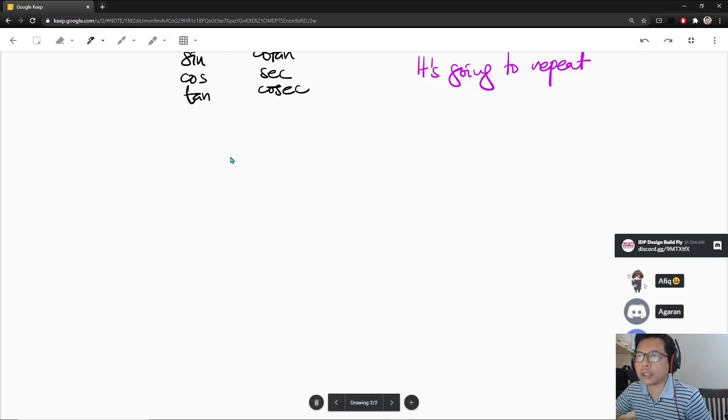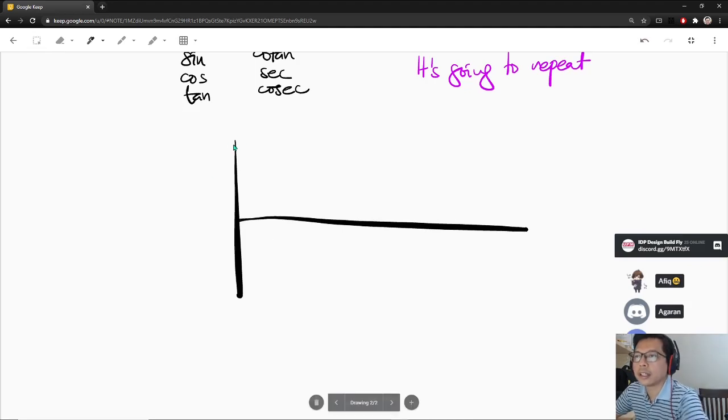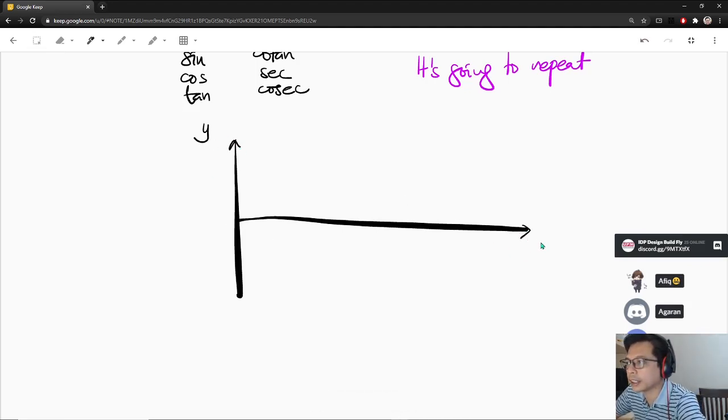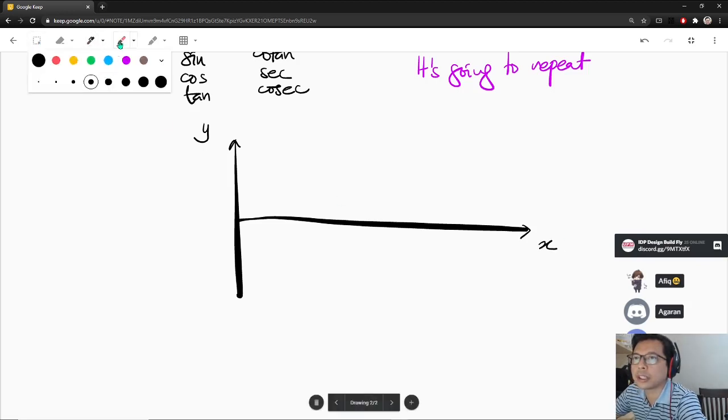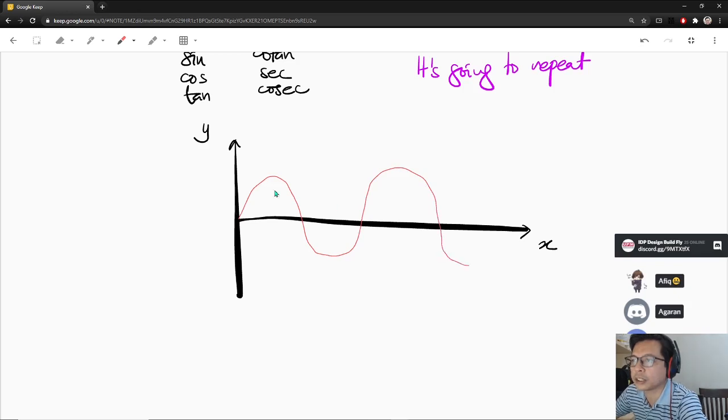Basically if you have a graph here, let's say this is y and this is x. Let me draw it. It's not going to be too nice, but a sine function looks like that, right? It's going to continue.